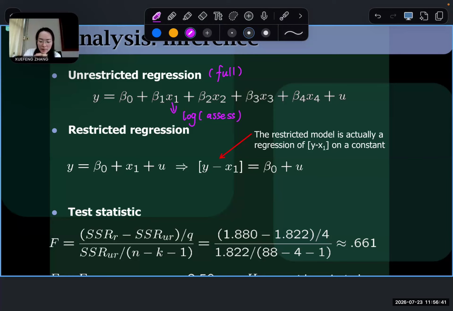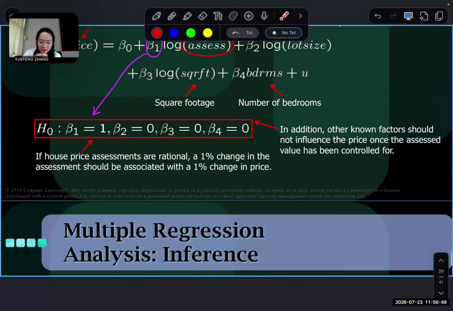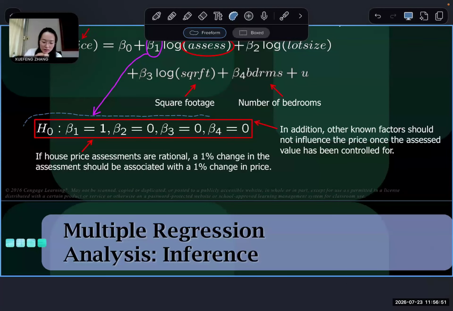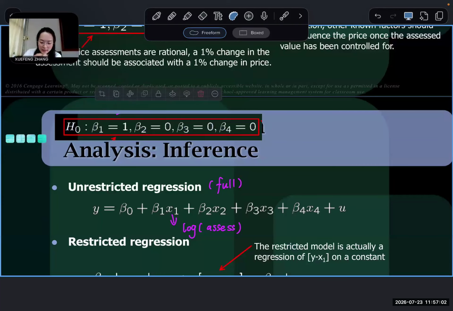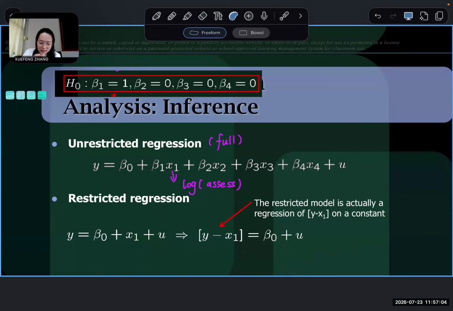And so on, x2, x3, x4. And now we impose our H0. What is our H0? Let me copy it. Paste here. All right, let's see the restriction.